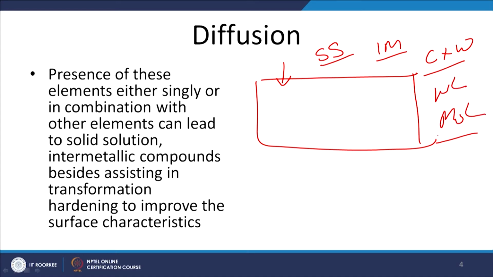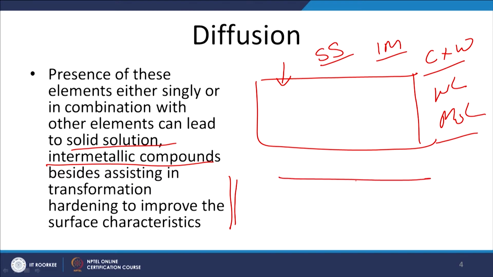Similarly, these elements can interact with each other, or they can act singly or in combination with the other elements to form the required compounds or just a solid solution, so that it can either directly offer the desired effect, or help further in the required transformation for improving the surface properties.